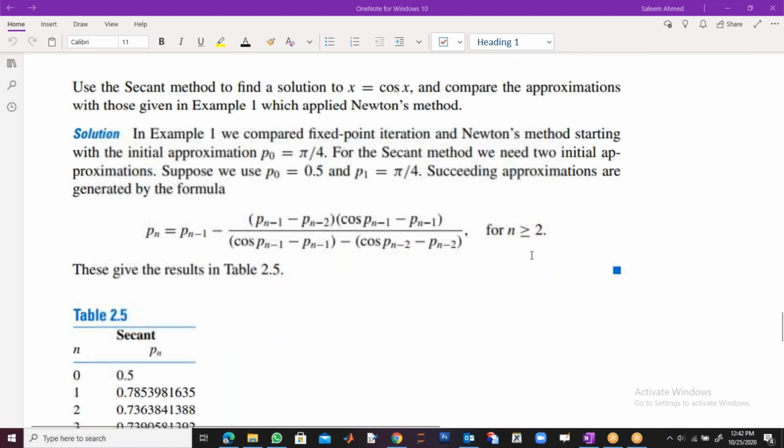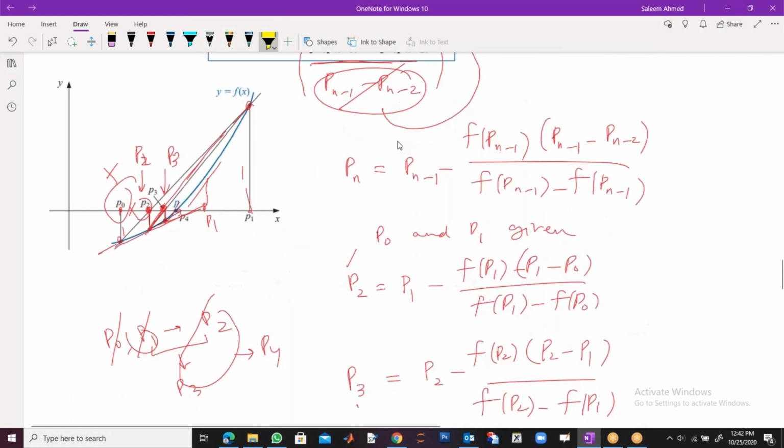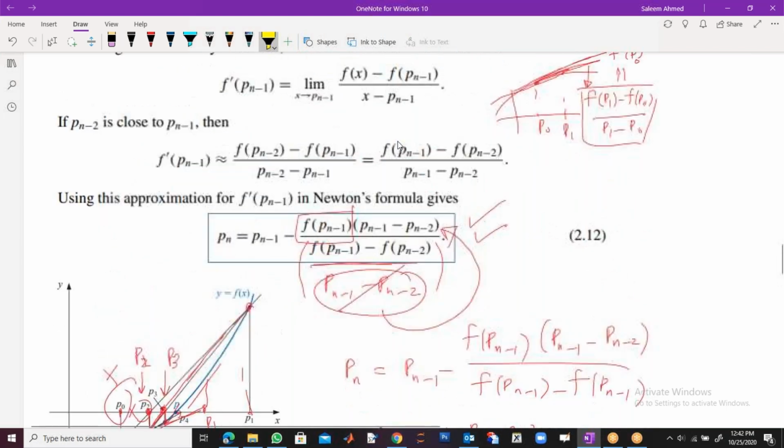This one, we did this for Newton's method: x is equal to cos x, right? Just above. This was the secant method.